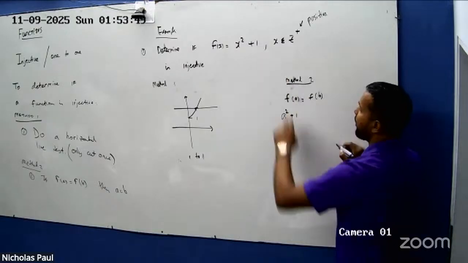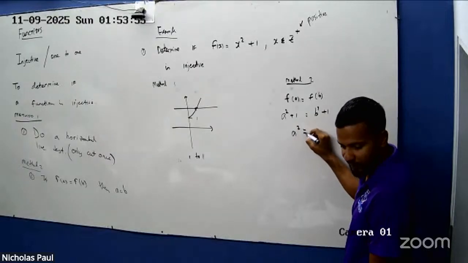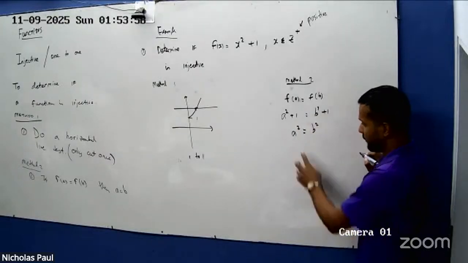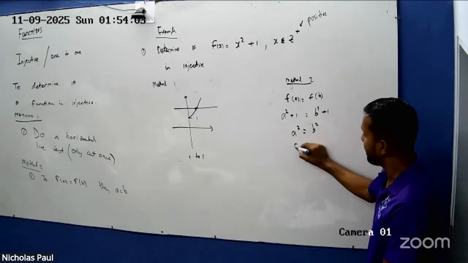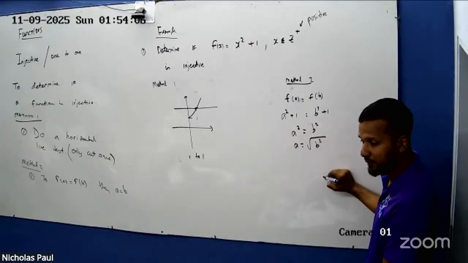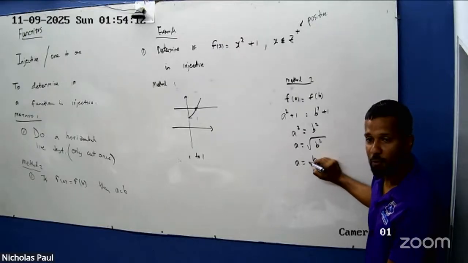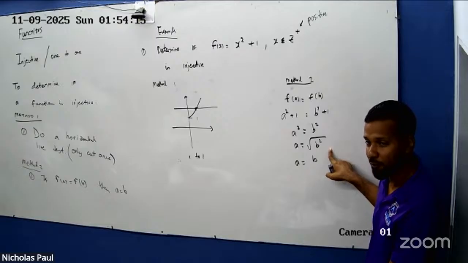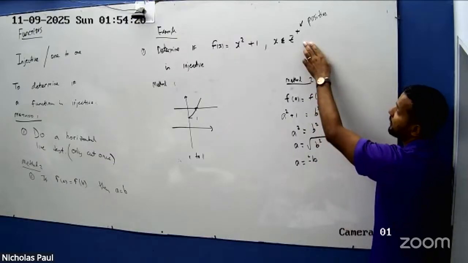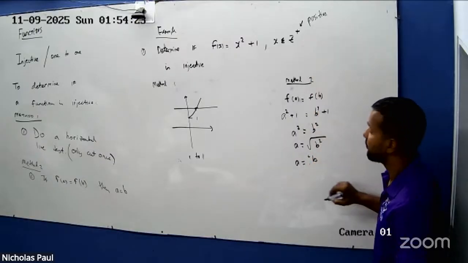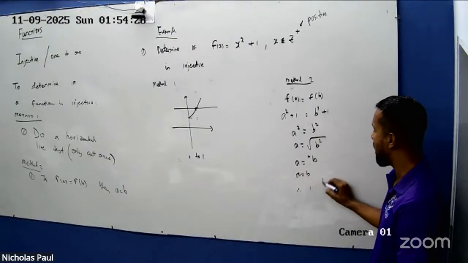Plugging a in there and plugging b in there. The ones will cancel and you'll get a squared is equal to b squared. What are you going to do now? Take the square root, and it becomes the square root of b squared, so a is equal to b. But remember, when you square root b squared, you will normally get plus or minus. But why do I ignore the minus? Because of the range. So the answer is a is equal to b, therefore 1-to-1.